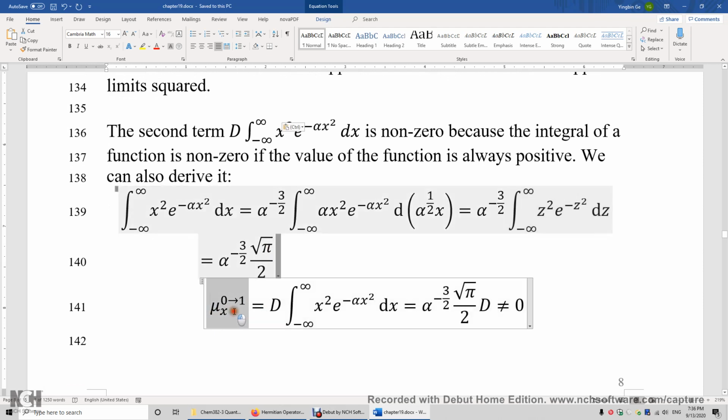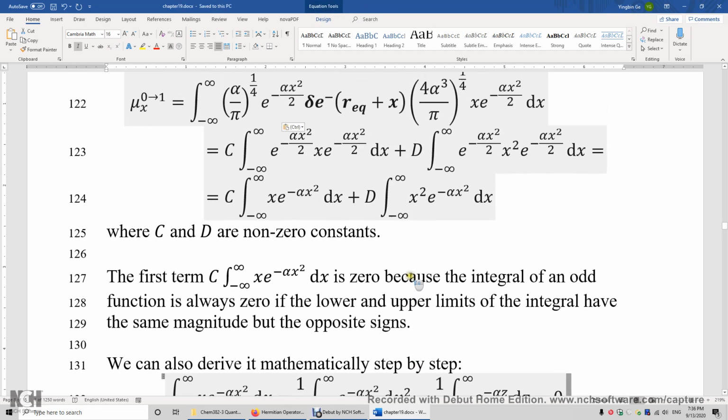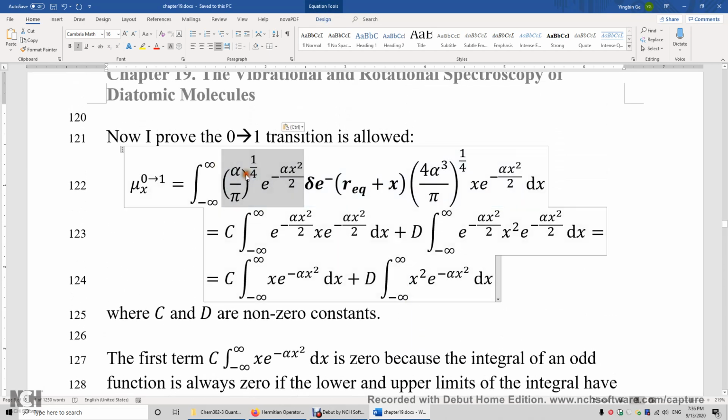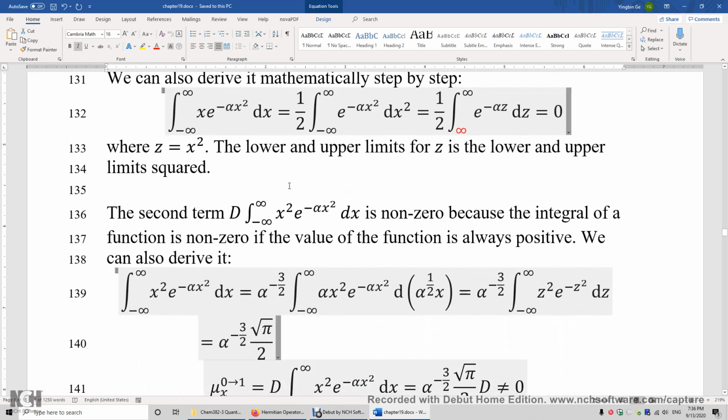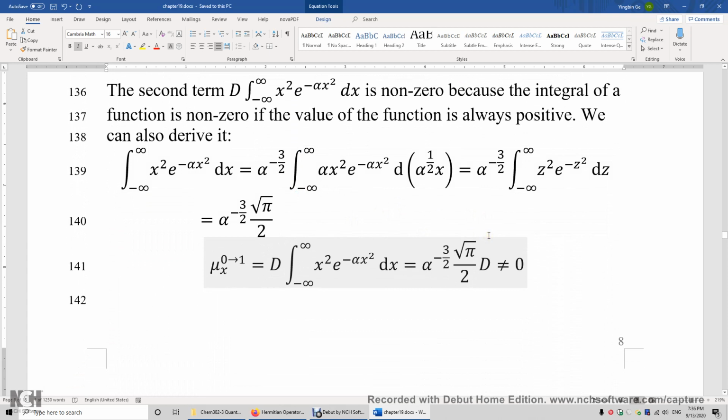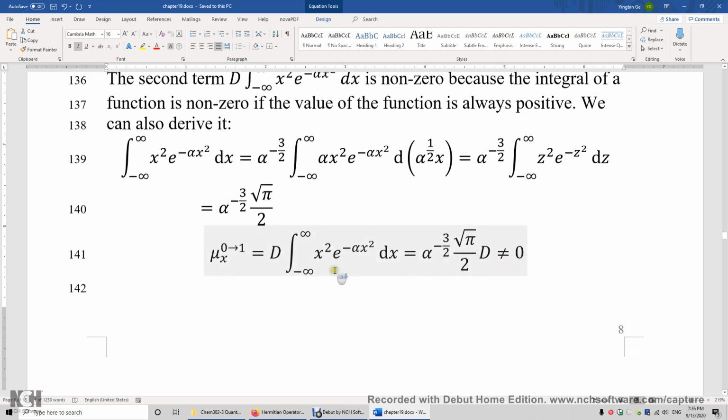So this transition dipole moment is this, and this is non-zero. Again, what is d? D is this constant, I'm sorry, this constant times delta E, the charge, times this constant. That's d. So anyway, this is non-zero for HCl or any other heteronuclear diatomic molecule, because you do need the partial charge, okay? You need a non-zero partial charge.